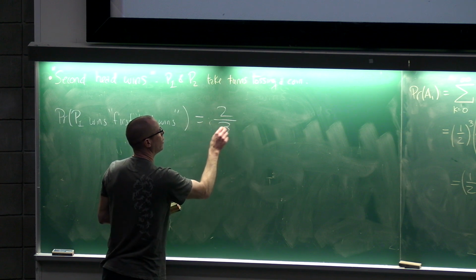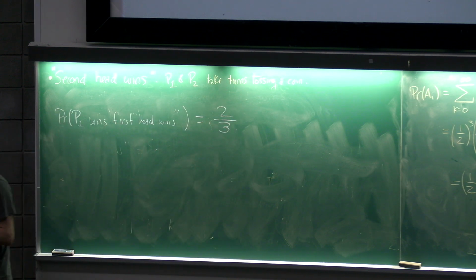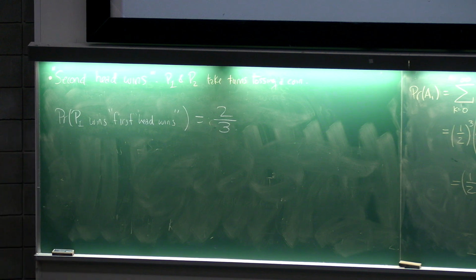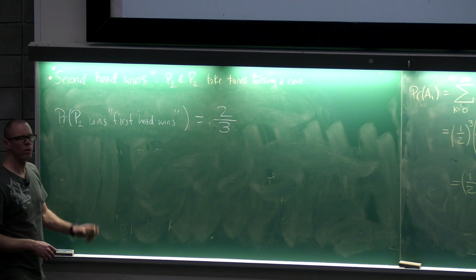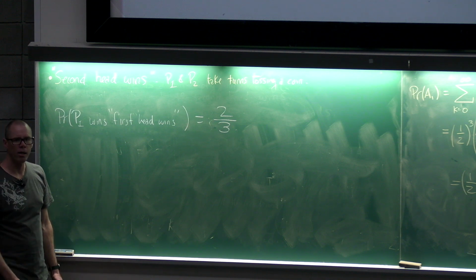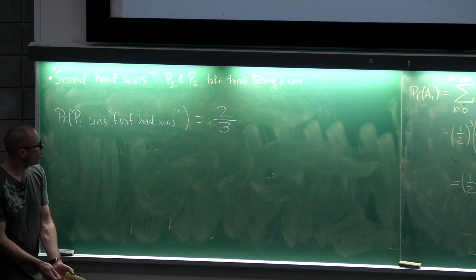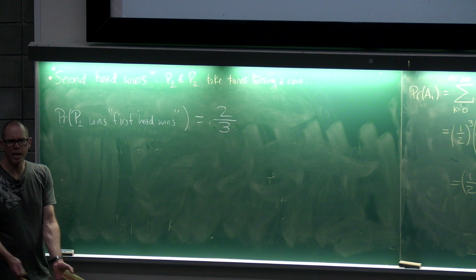Remember, that was 2/3. So we studied this game, first head wins, and decided player one really has the advantage there. And now look at this game, second head wins. This game is player one and player two play first head wins for a while until it's over. And then they start playing first head wins again, actually.